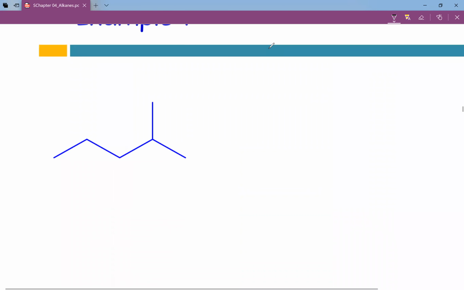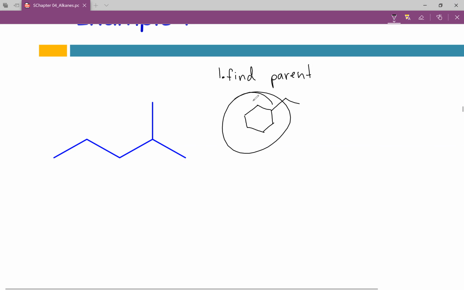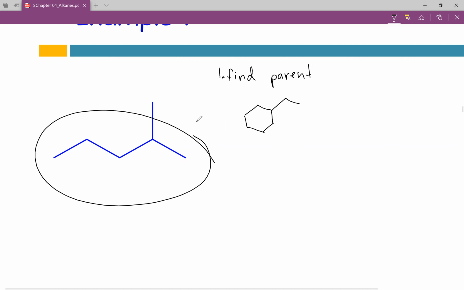So the way that I do this is my first step is to find my parent chain. Essentially, the parent chain is the longest chain of continuous carbons on an alkane. This could be a cyclo, like an example right here, this one could be the parent chain. It could just be a regular line, such as in this example, which we'll see in a second.